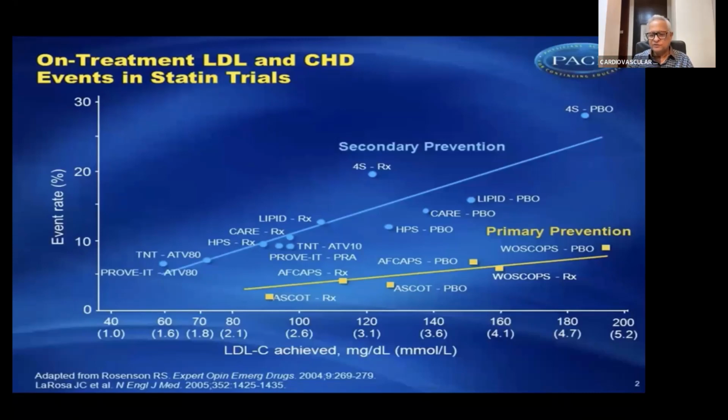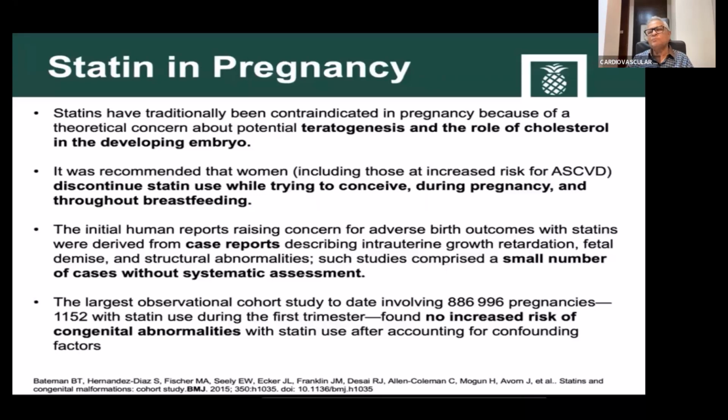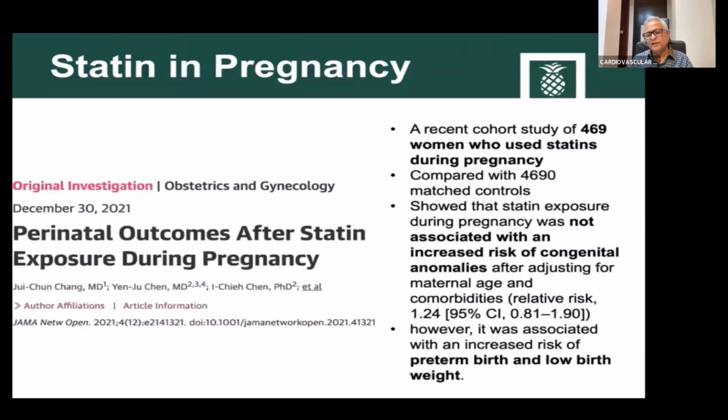The more you lower the LDL, the better it is. Statin in pregnancy can be used, with no increase in congenital abnormalities, but definitely preterm delivery can occur, or the birth weight of the baby may be reduced.